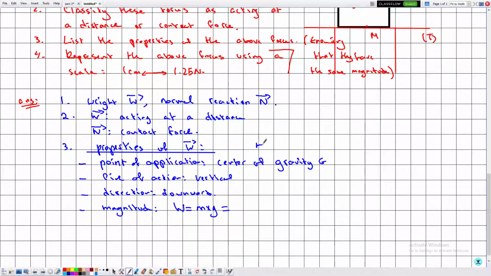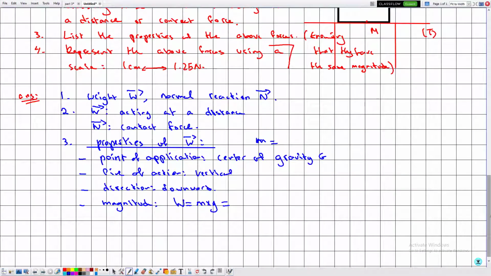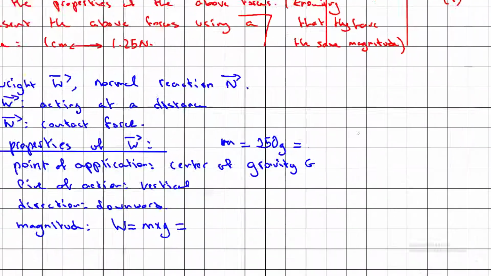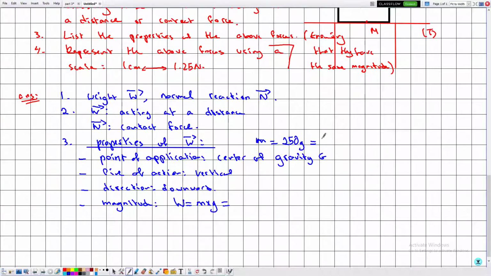Now M is given by 250 grams, and knowing that grams is not the SI unit of mass, in order to convert from grams to kilograms we divide by 1000, then 250 divided by 1000 is equal to 0.25 kilograms.